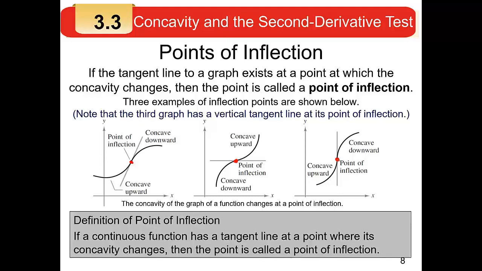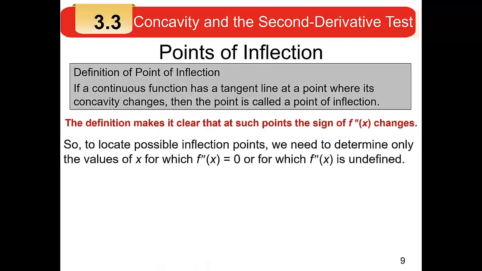So if you want a formal definition of a point of inflection, if a continuous function has a tangent line at a point where its concavity changes, then the point is called a point of inflection. This definition should make it pretty clear that at such points as these, the sign of the second derivative changes. So if we want to locate possible inflection points, we need to find out only the values of x for which the second derivative is 0 or the second derivative is undefined.